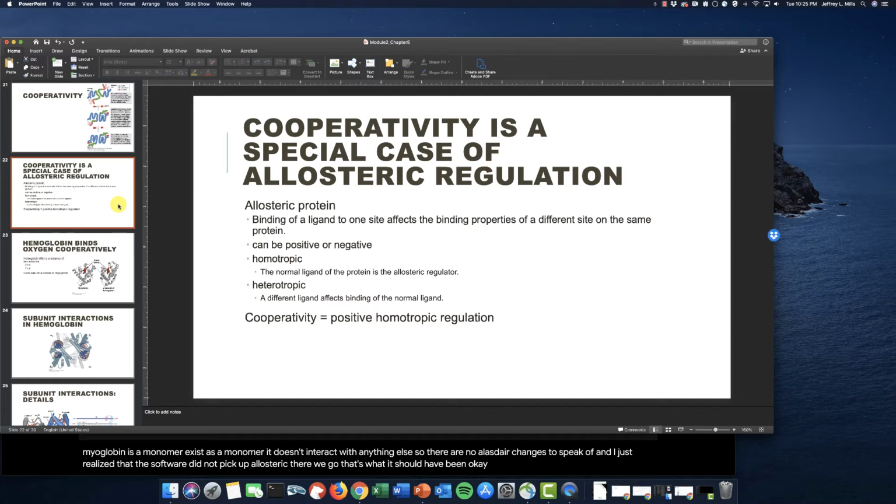Okay, so we're talking about allosteric and cooperativity. I don't really care too much about homotropic versus heterotropic. I'm not concerned about those words. The thing that I am interested in here is just the idea of an allosteric protein.